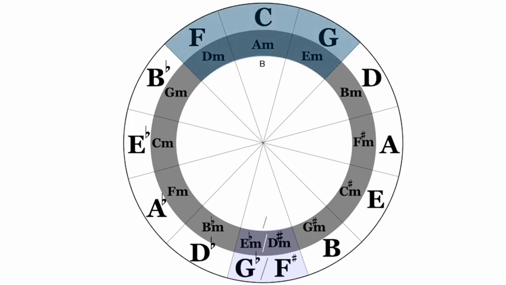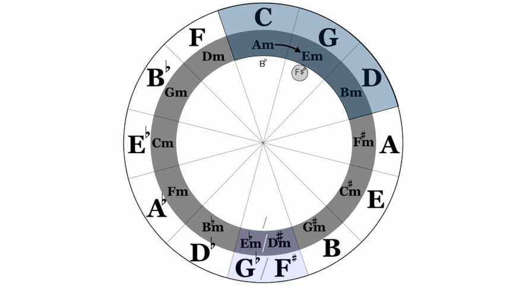Now, at the top, we have in this case our A minor key. And we know that A minor has a B diminished. When we look at our neighboring key, which is E minor, it's very close. We've talked about how closely related these keys are. There's a lot of overlap, so the ear can get a little confused. Now, when we look at E minor in particular, it has that F sharp, but more importantly, it has that F sharp diminished.